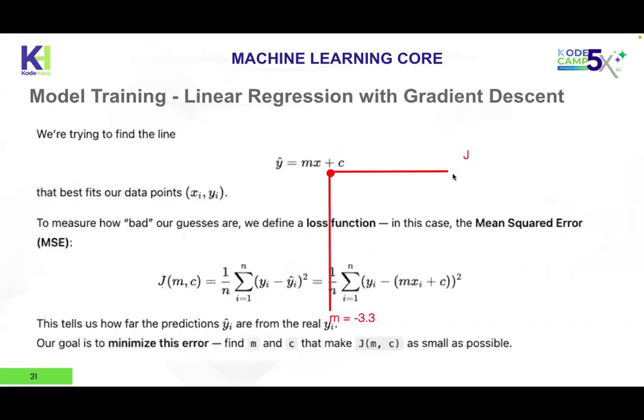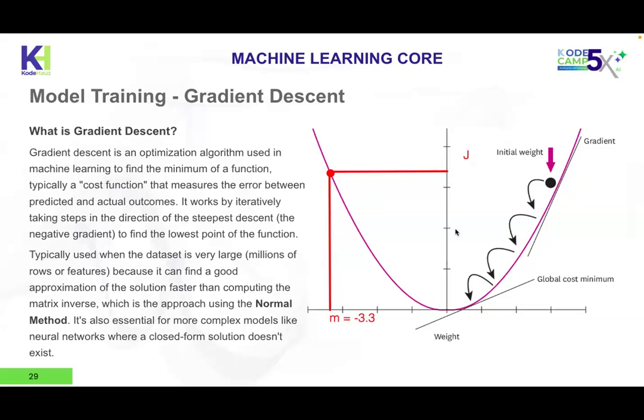Now, let's assume the value of J is 0.69.